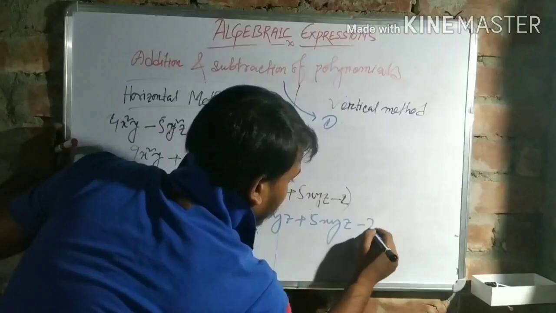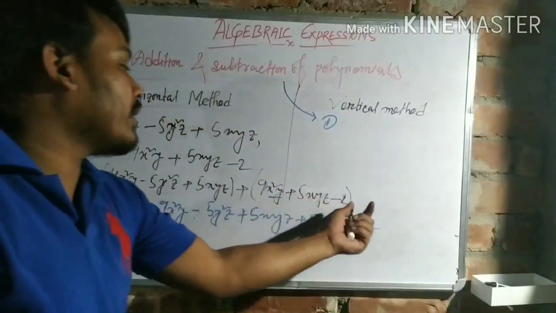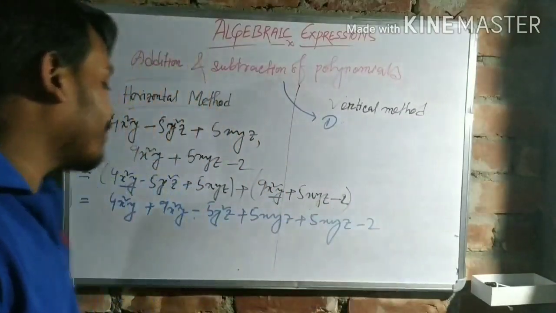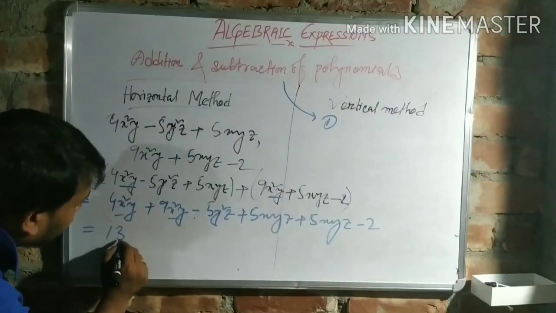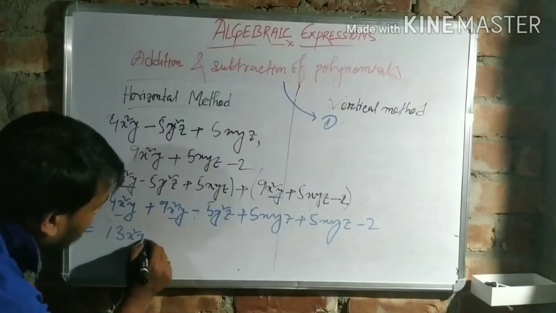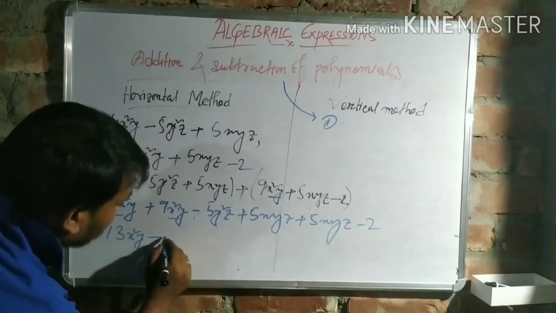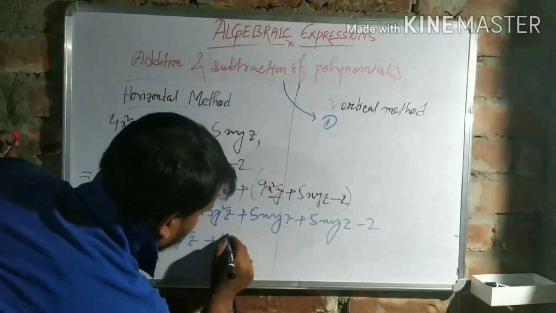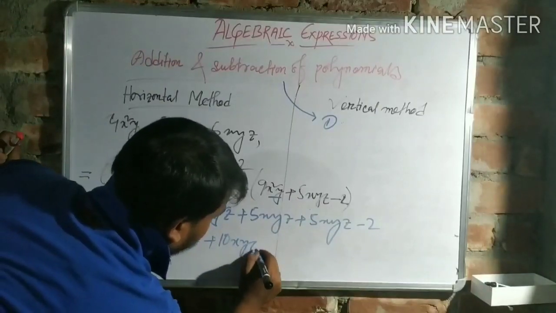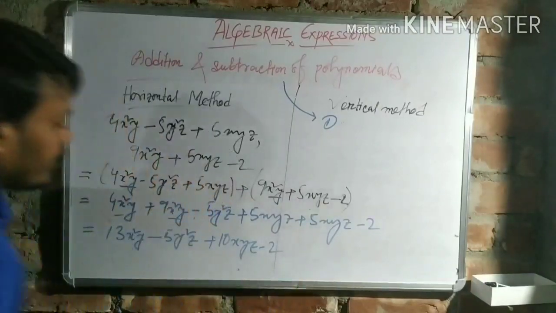And the numeral, only one numeral, remains the same. Now 4 plus 9, 13x square y minus 5y square z plus 10xyz and minus 2. So it is the result.